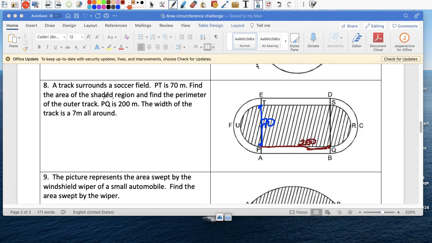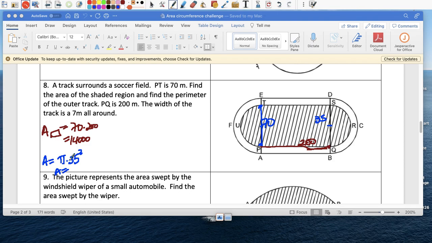All right, so we can find the area of the rectangle right off the bat. Area of the rectangle is 70 times 200, which is 14,000. And then we have to find the area of this half circle and the other half circle, which is just one full circle. So what's the radius? Well, if we know the diameter is 70, we know the radius is 35. So the area of the circle is pi times 35 to the second power.